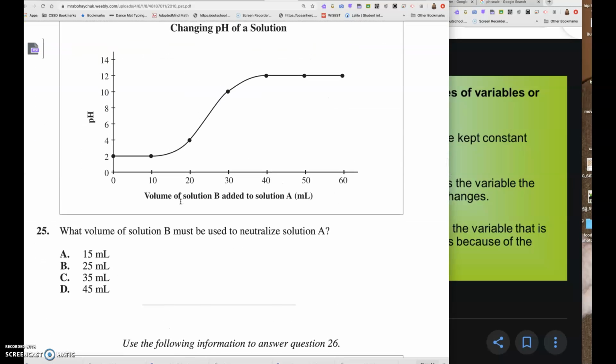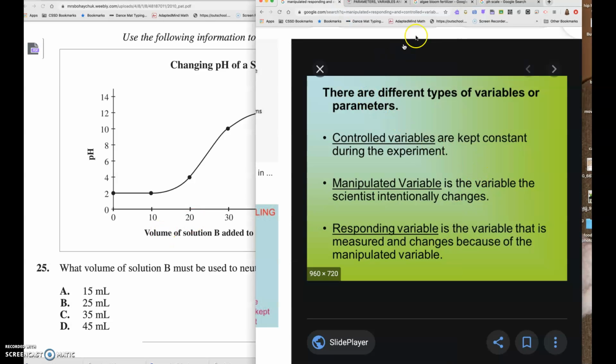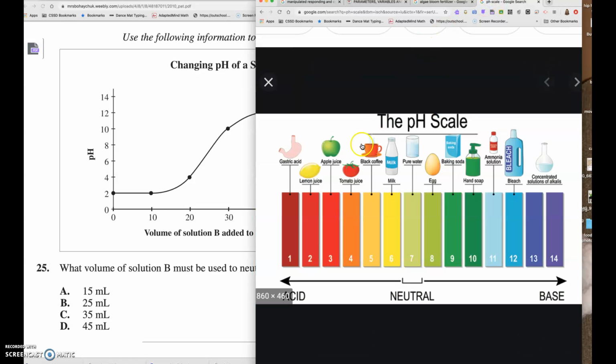So this actually goes great with that antacid example. If you're adding a basic solution to an acidic solution, you are going to get a neutral substance. So what this question is talking about is how much of that base you need to add to the acid for it to be neutral.